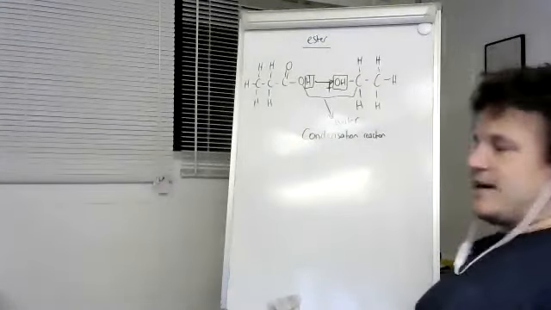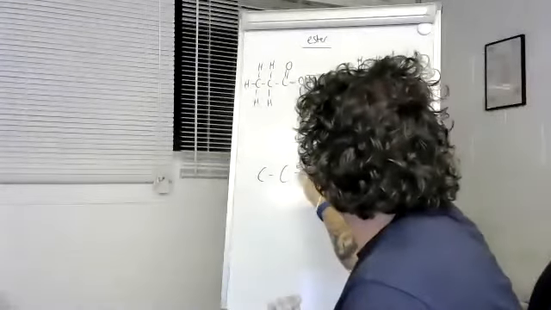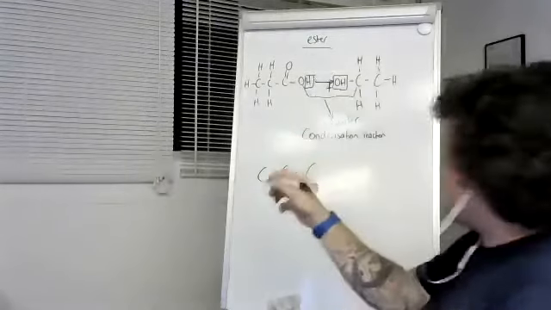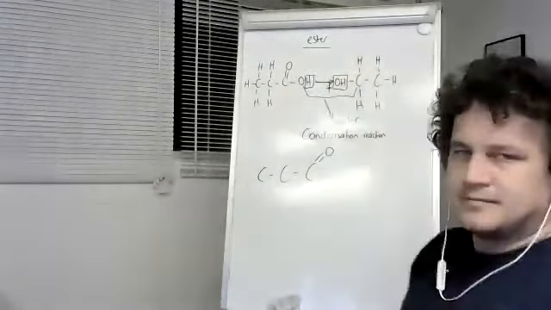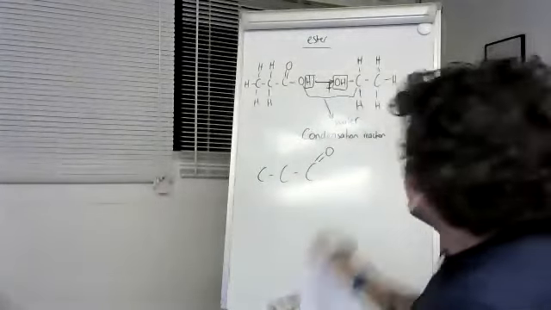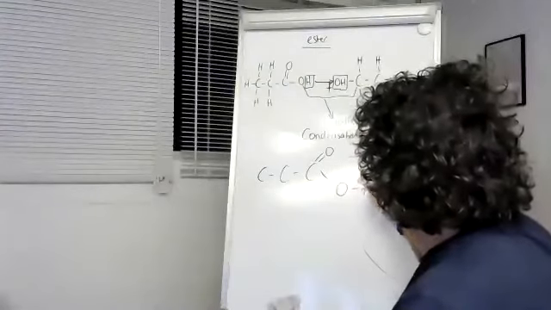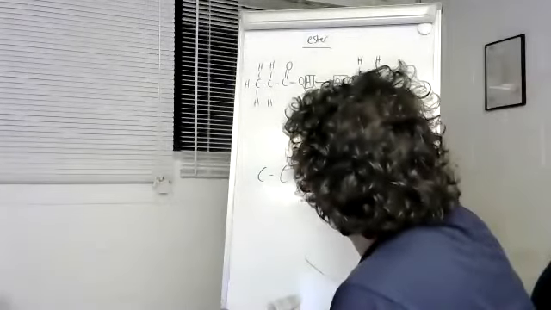So what we actually end up with is a molecule that looks like this. On the left, we've got our carboxylic acid. Then we have what's left of our alcohol over this side.